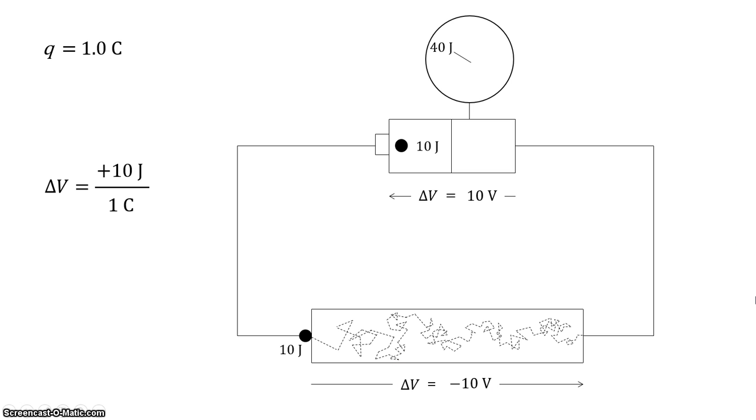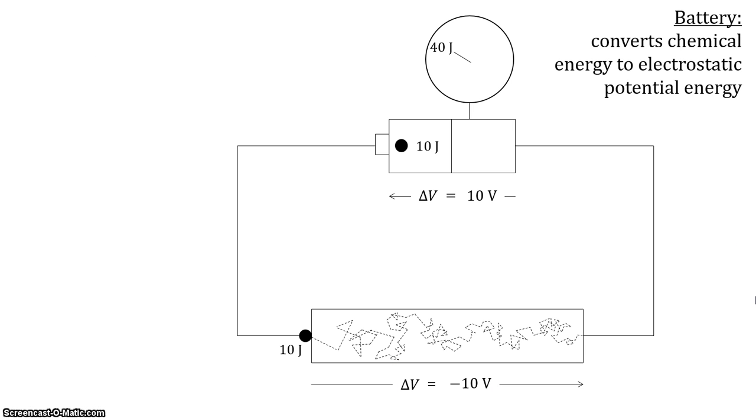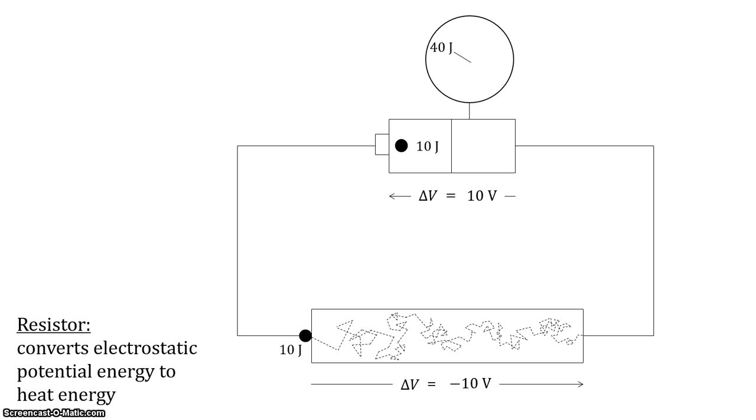Let's look at what the battery does. It converts its chemical energy into electrostatic potential energy, which the charges have. Then the resistor converts that electrostatic potential energy to what we'll call just heat energy. That's not a technical term, but that's the one we'll use for right now.